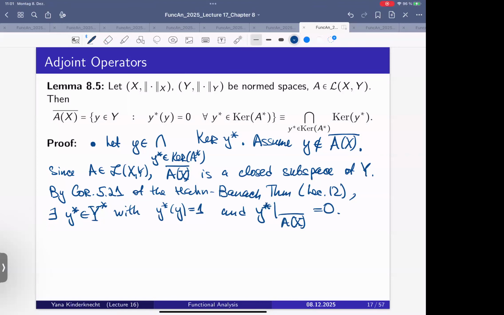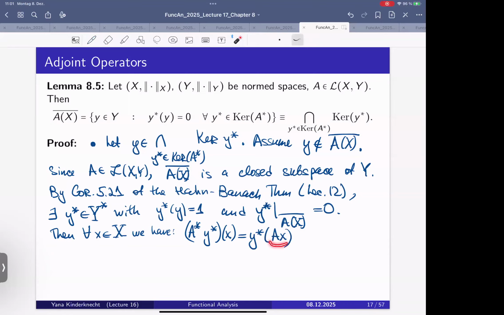Then for any x in X, we have the following. A star y star at the point x, again by the definition of the adjoint operator, is y star at the point Ax. But this point belongs to this set, and hence y star evaluated at this point, for this particular y star, gives us 0. So this is 0.